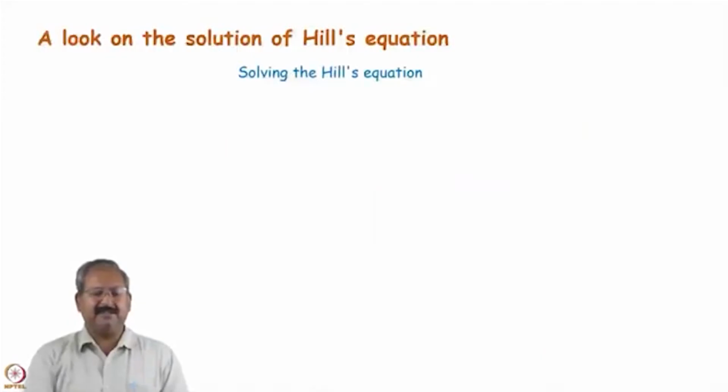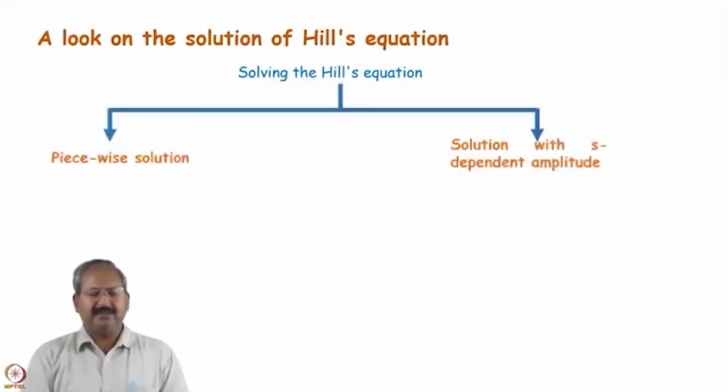So we'll start this. Now, solving Hill's equation, we have seen two methods. One is the piecewise solution, in which we break down the optics into smaller pieces, and in each piece, keeping k constant, we obtain the solution. This is similar to how we solve a differential equation using a numerical method.